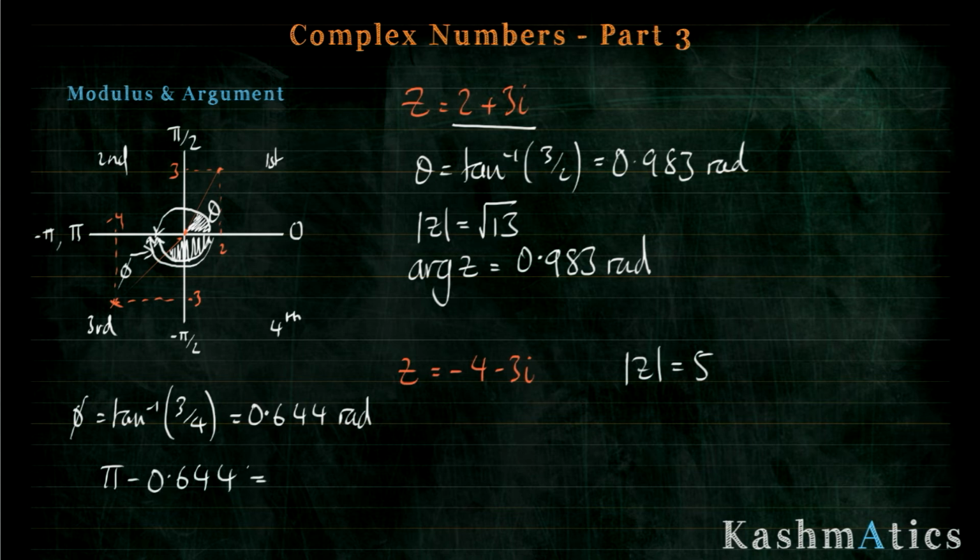I've still got the whole decimal on my calculator, so I'm going to do pi take away the answer, and I get 2.498 radians, which means the argument of z is equal to minus, because I'm going around the other way, minus 2.498 radians.